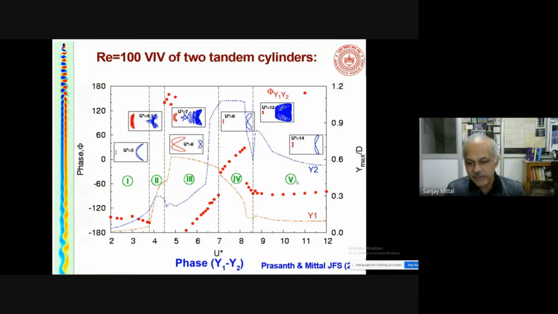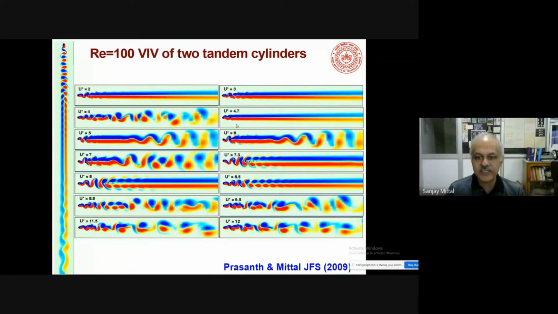I don't have time to go through the different regimes, but it suffices to say that they're extremely interesting. I mean, you could, for example, at U star 12 or U star 8, you can see a qualitative difference in the response, and likewise you see in the flow.